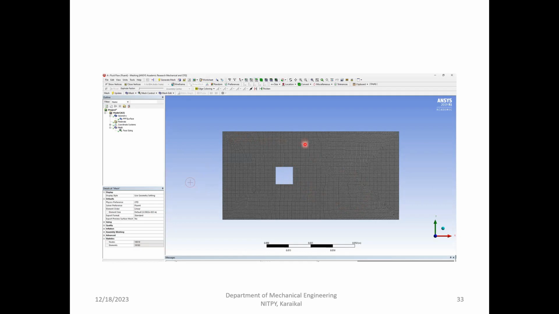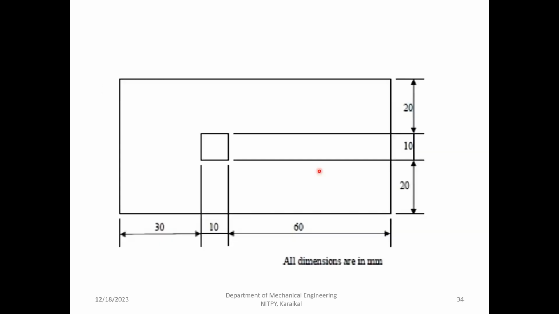But the main question is whether I want a 0.5 mesh at this particular point, where the fluid is just coming in. I'm not interested in this. I'm mainly interested in how the fluid is going to be rotating in this particular region. So in this domain, my region of interest is this one.